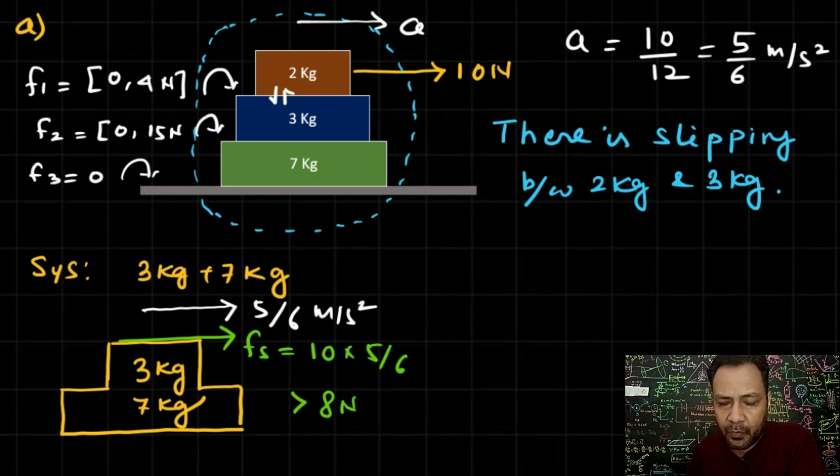So once again, I will assume that 3 kg and 7 kg are now moving with the same acceleration. It is clear that 2 kg and 3 kg are not moving together, but we have to see whether 3 kg and 7 kg are moving together or not. So first let me assume that 3 kg and 7 kg are moving together.